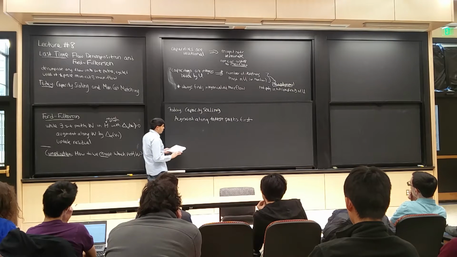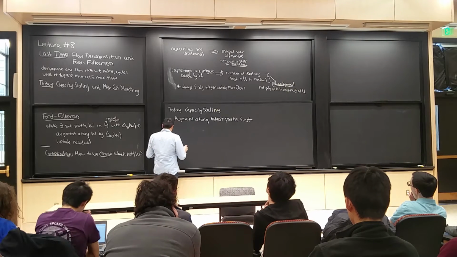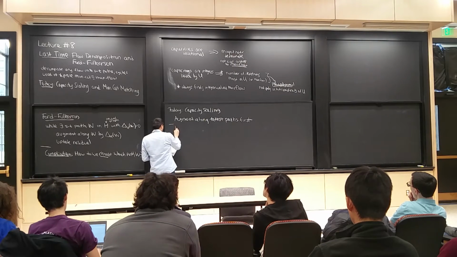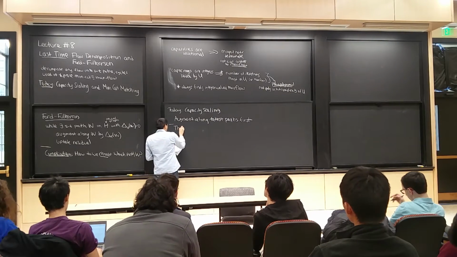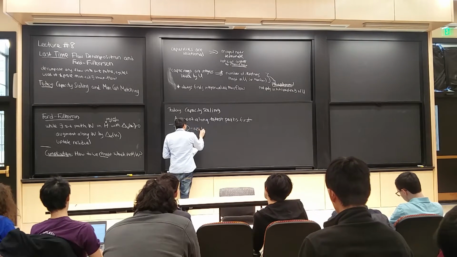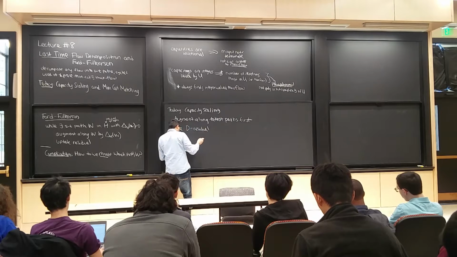In order to define what this is, we're going to need the notion of what's called a d-residual graph. We have the residual graph from last time. Now the d-residual graph is going to be something very simple.